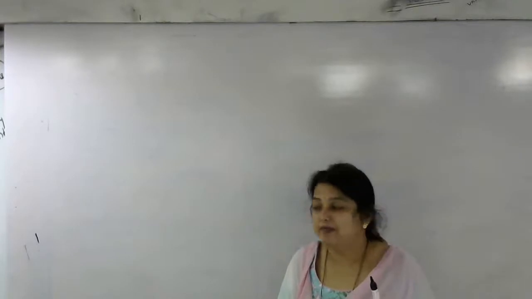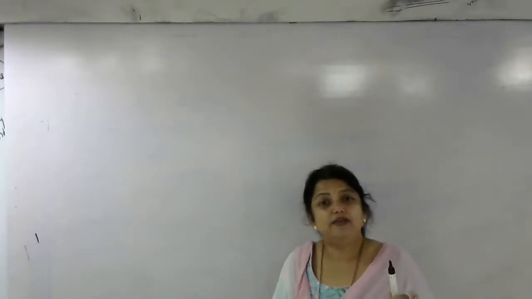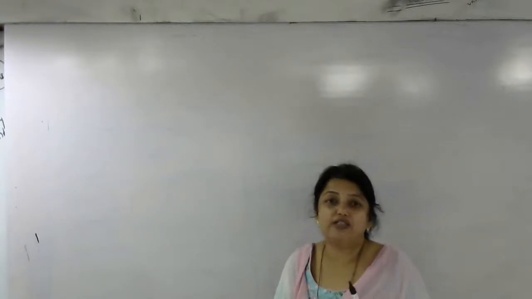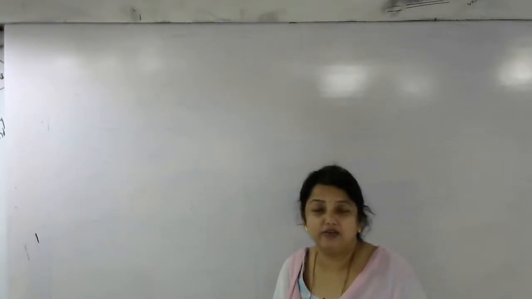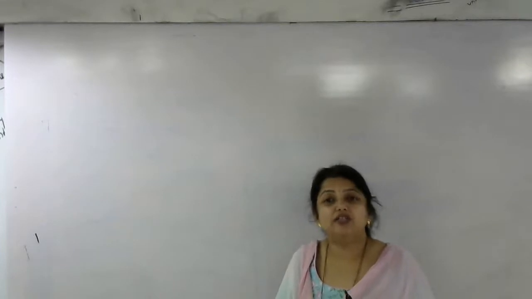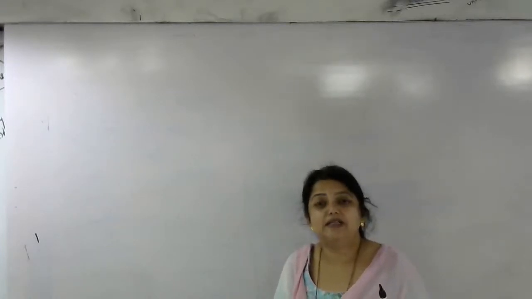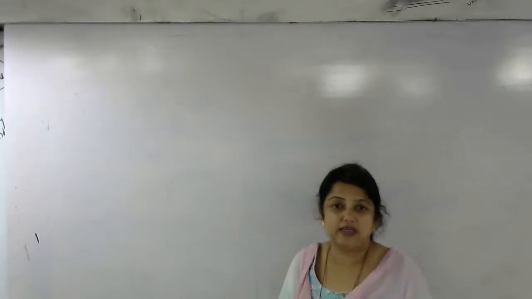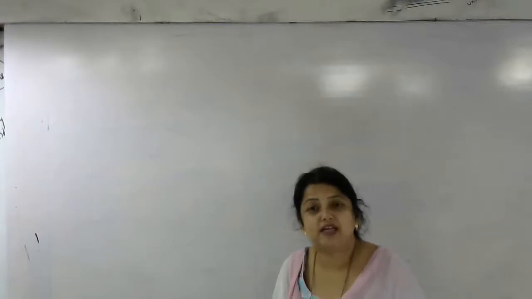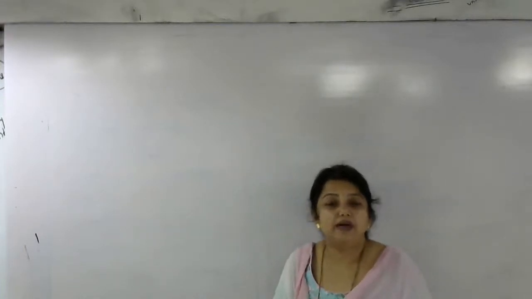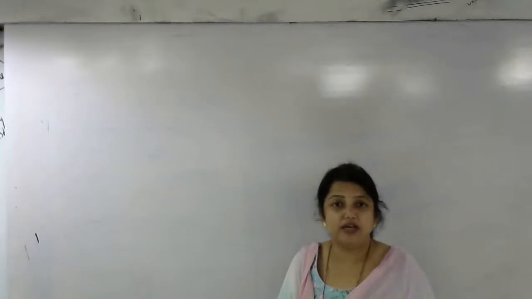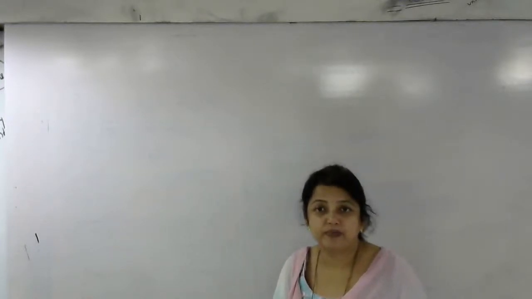The second possibility is that there is no carry. If carry is not present, then our answer is negative and it is not the real answer. The answer is in 2's complement form, so we have to find the 2's complement of the answer. The 2's complement of the answer we got is our real answer, and that answer is negative if carry is not present.